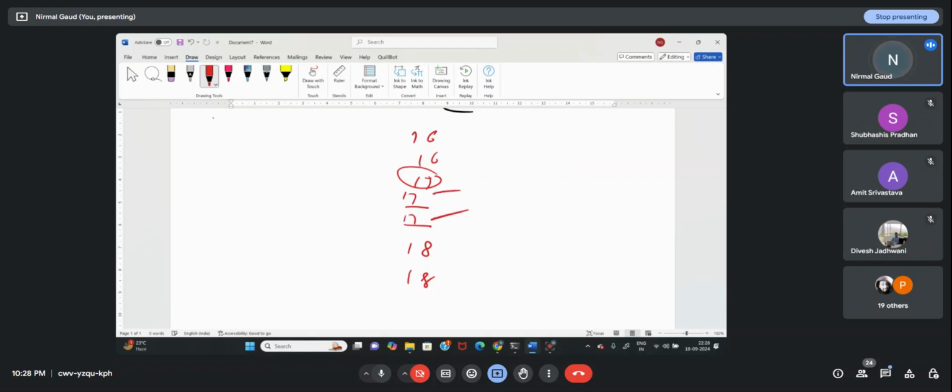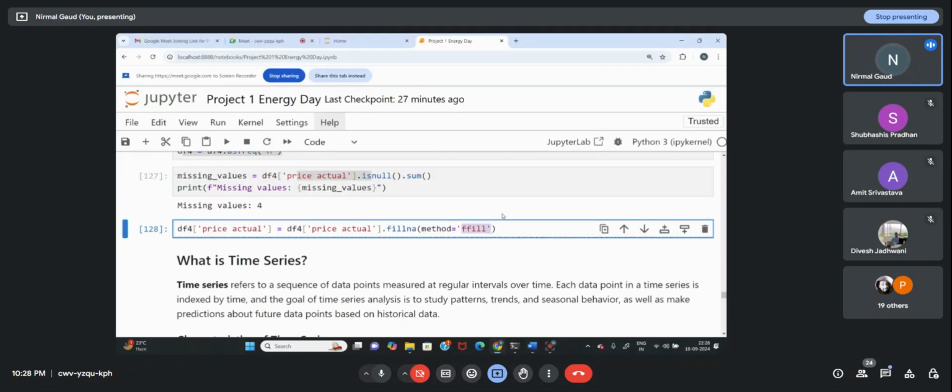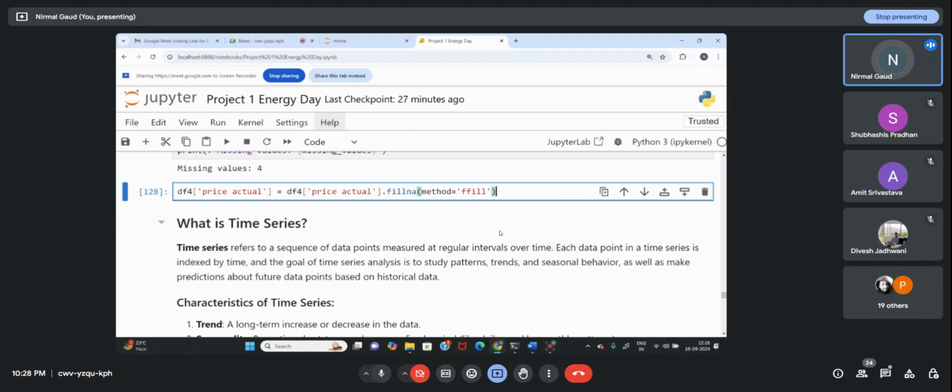This is called forward fill. And in the backward fill, you fill it via 18. This is backward fill. I used ffill. Okay, fine. Now I am ready with my data.